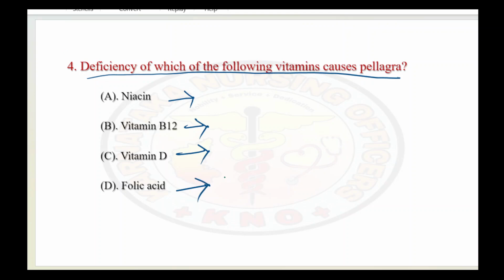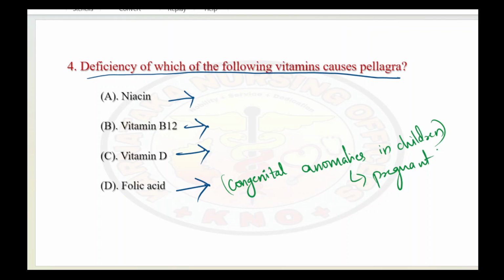So let's start from folic acid here. You know that folic acid is very important to avoid any kind of congenital anomalies in children. But this is for pregnant women.